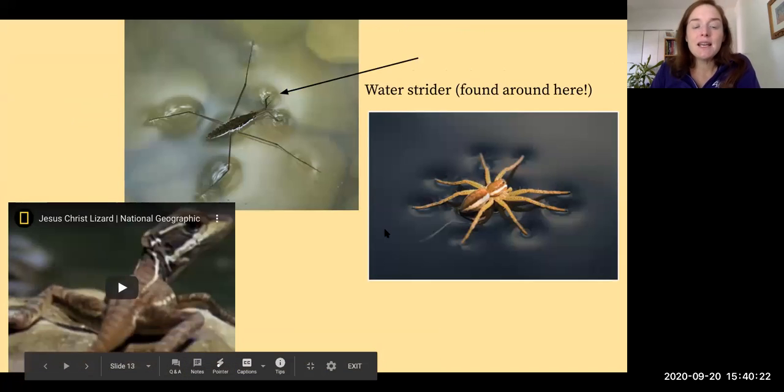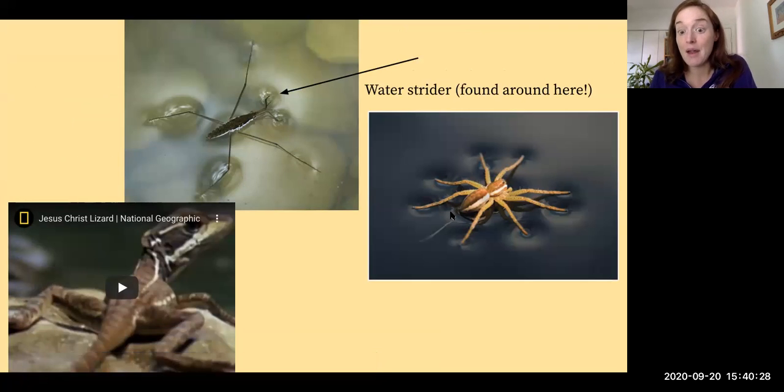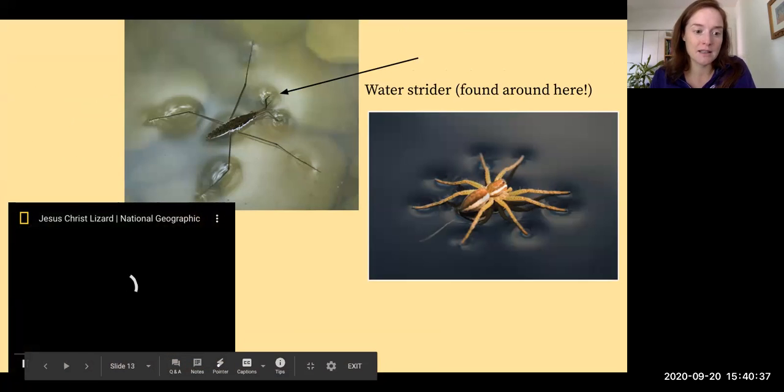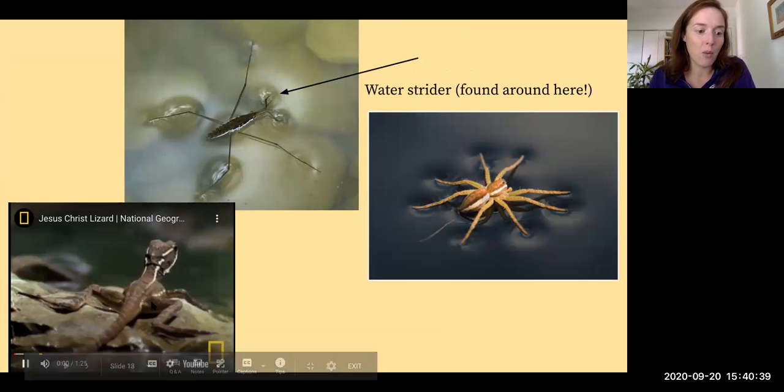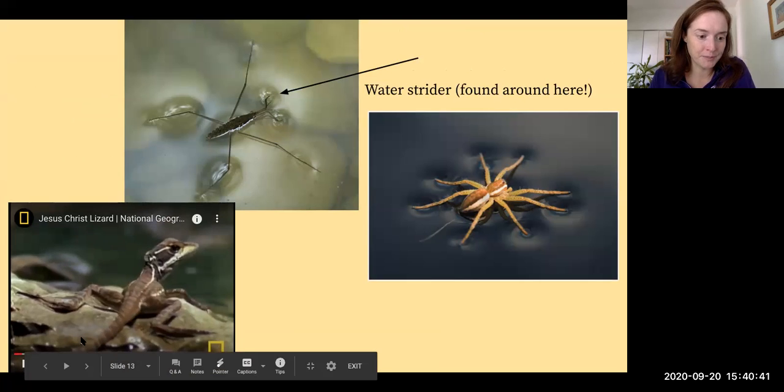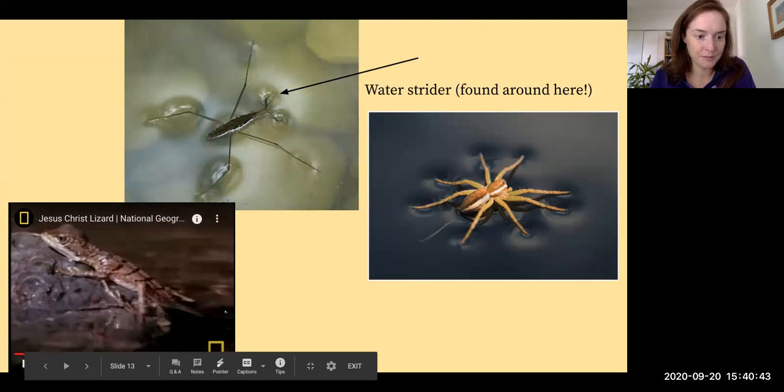You can also see it in surface tension with things like the water strider, which I see a lot of around my house. And then if you've ever seen the basilisk lizard, this lizard that can walk on water. Costa Rican basilisk lizards are looking for food.